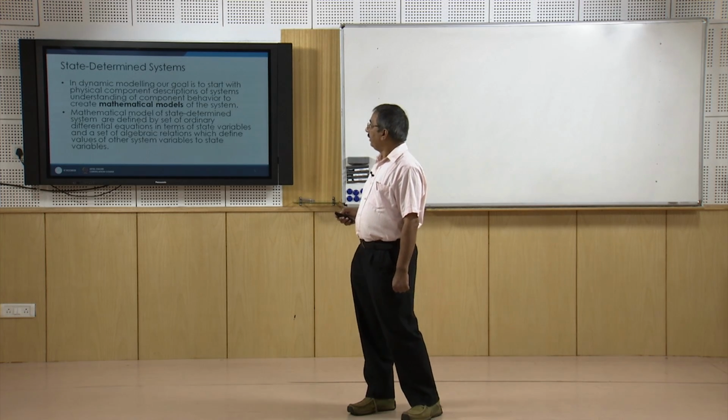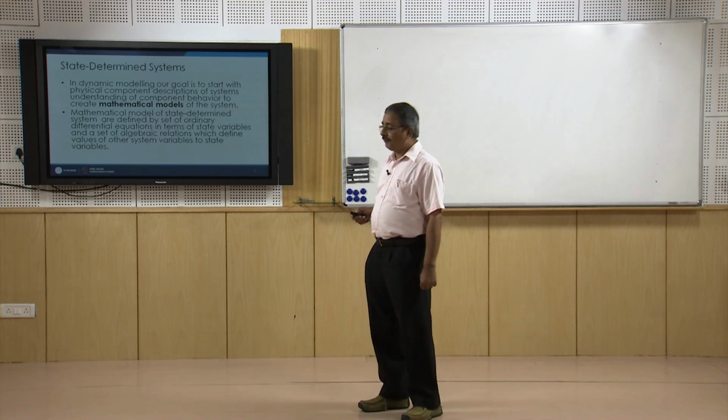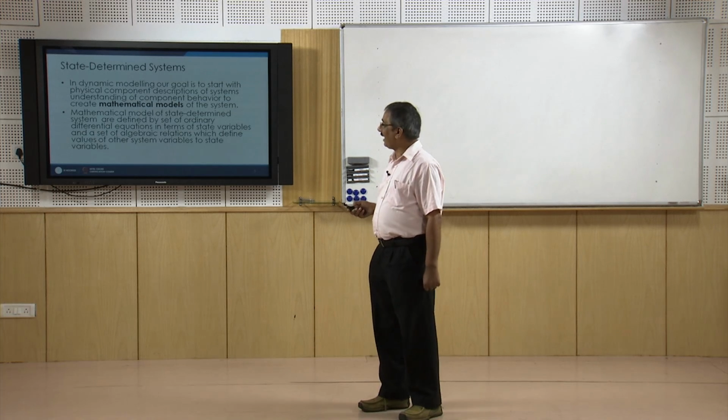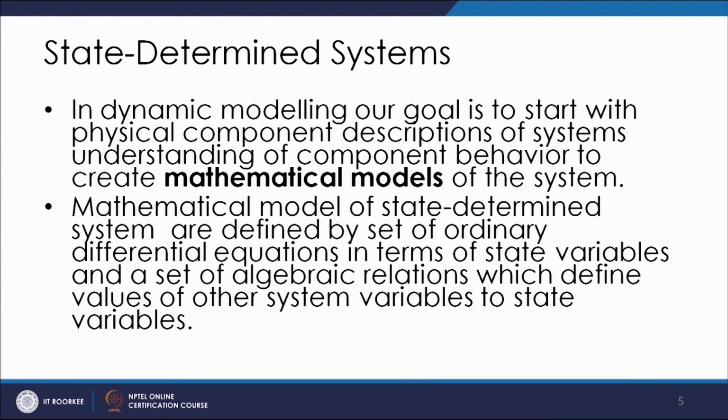Now, when we are talking about dynamic modeling, our principal goal is to start with the physical component description, as I talked about in my first lecture: describing the system and understanding the component behavior in order to create the mathematical model of the system.